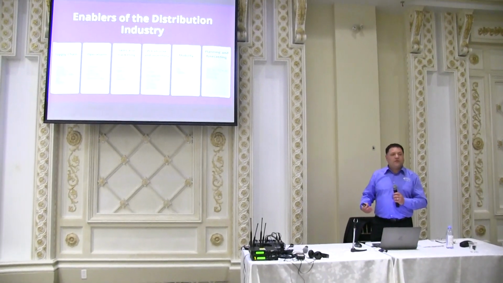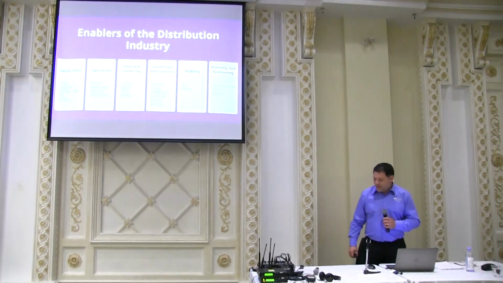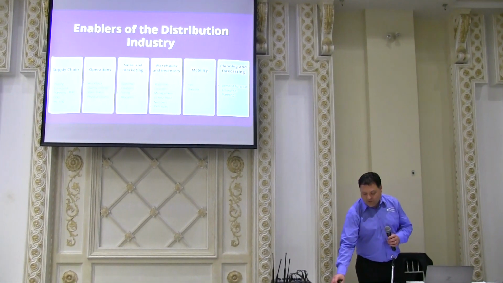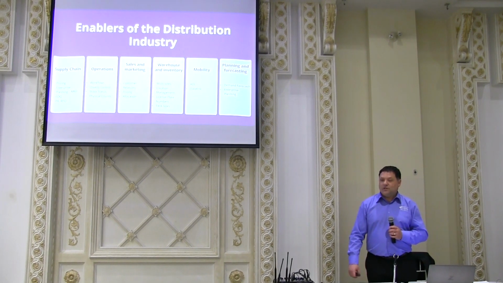So on the distribution, from a Next3 perspective, what are the enablers for the distribution industry? What kind of functions? I keep repeating since this morning that X3 is really focused around discrete process manufacturing, wholesale distribution.